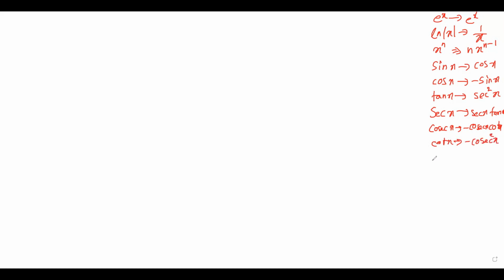And there are some inverse trigonometric functions. Sin inverse x gives 1 over the square root of 1 minus x squared. Cos inverse x gives minus 1 over the square root of 1 minus x squared. And the last one, tan inverse x.